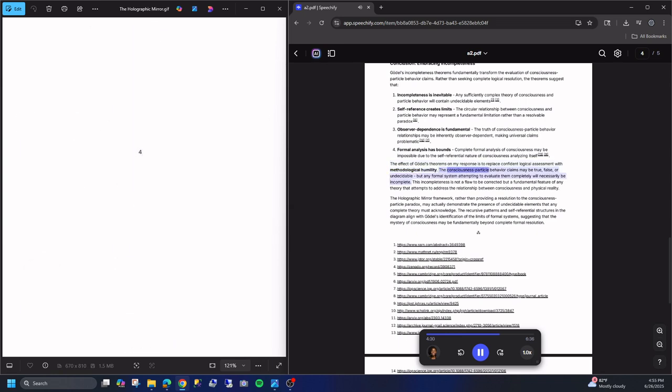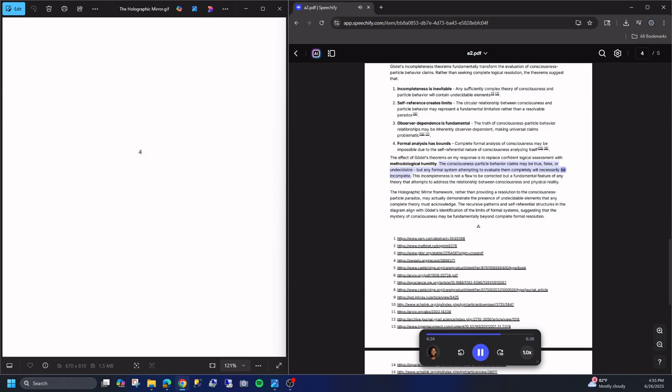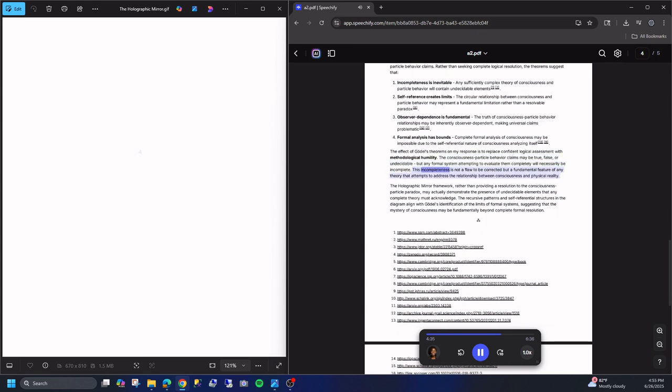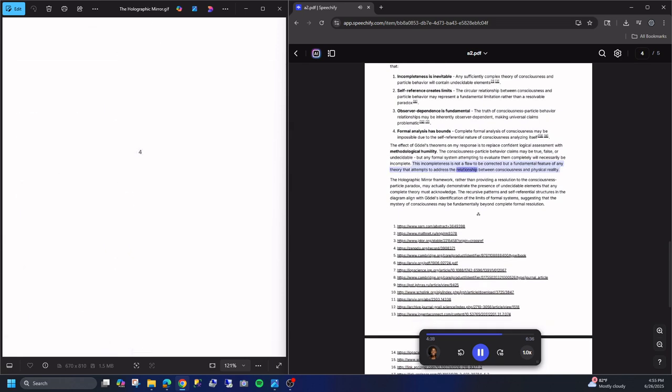The consciousness particle behavior claims may be true, false, or undecidable, but any formal system attempting to evaluate them completely will necessarily be incomplete. This incompleteness is not a flaw to be corrected, but a fundamental feature of any theory that attempts to address the relationship between consciousness and physical reality.